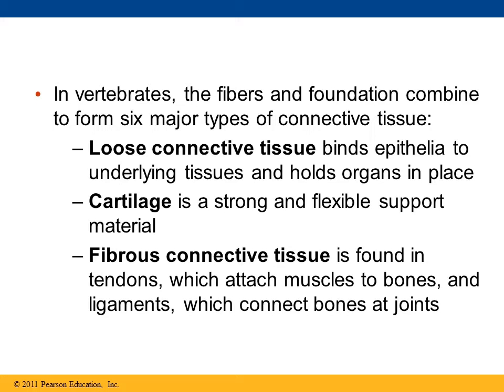Third is a fibrous connective tissue, and this is found in the tendons and ligaments. Now tendons attach muscle to bones, and ligaments connect bone to bones at the joint. Think L for like, ligaments connect bone to bone, they're like.